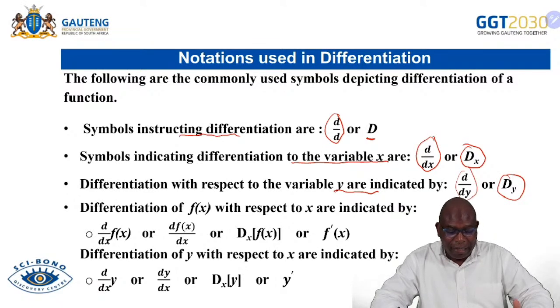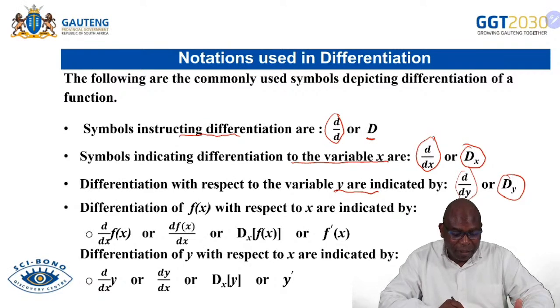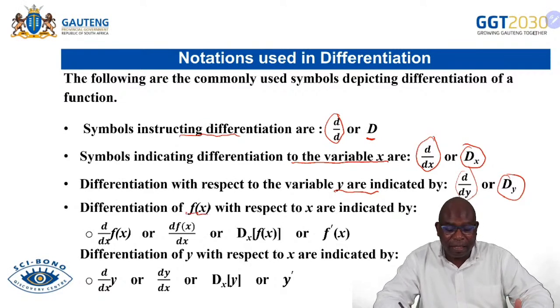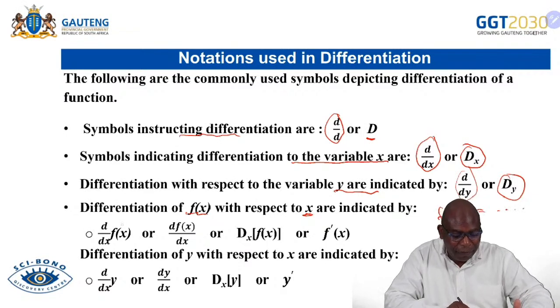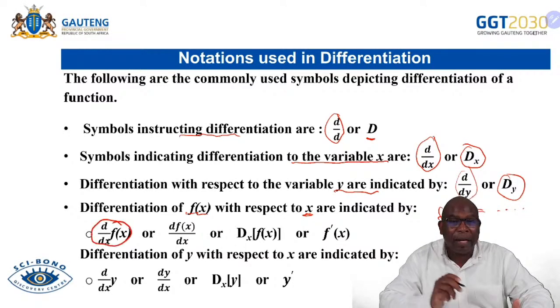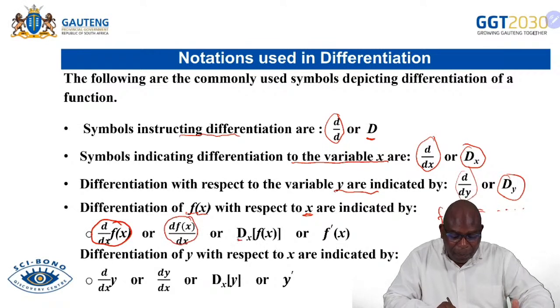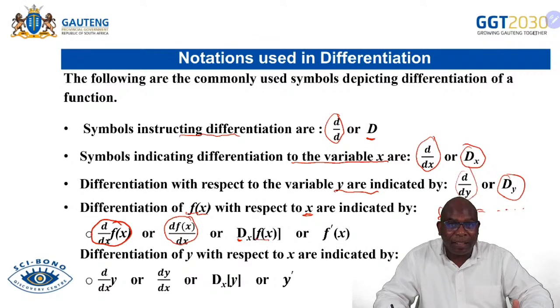Okay. The next ones that we're going to be using here is differentiation of f of x with respect to x. So in other words, my f of x will be with respect to x. So I must have an x there. So now I'm going to have d over dx of f of x, d of f of x over dx, or that capital letter D with f of x in there, or f prime x.